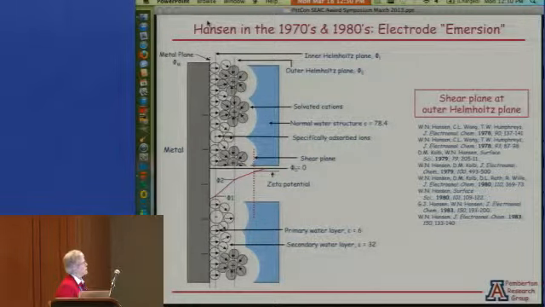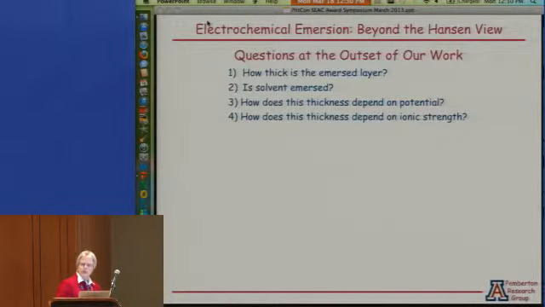And it took us a while to understand why that might be. At the outset of our work, the questions on the table were: how thick is the immersed layer? Is there solvent immersed? Up to that point, he had never shown that there was any solvent in any of his measurements. How does the thickness of the immersed layer depend on potential, and how does it depend on ionic strength?